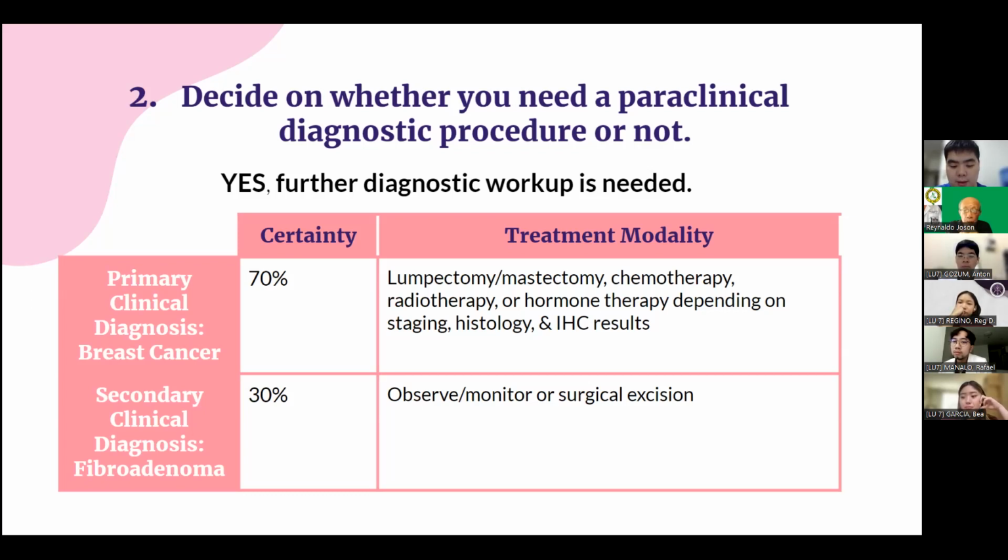So at 90-10, you're still justified to do a diagnostic procedure, okay? All the more if you put your quantification at 80-20, you have to go for a diagnostic procedure. Di ba?